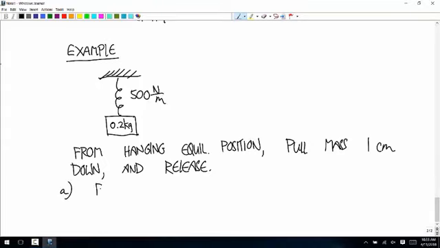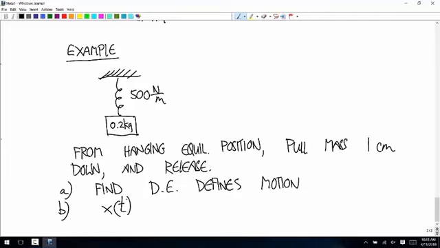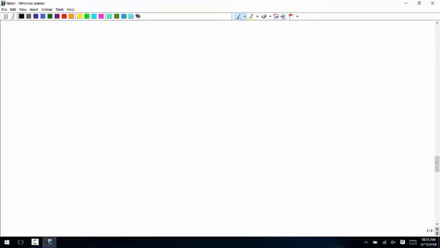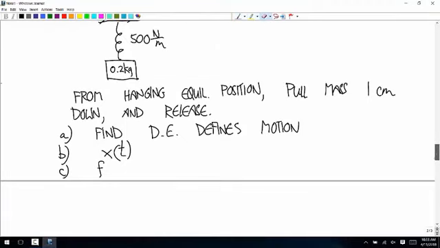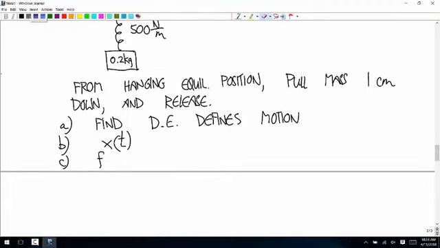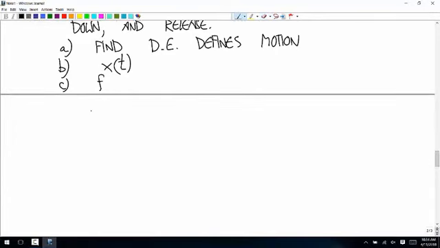And we want to find the differential equation that defines this motion. And we want to find the solution x of t. And then let's say we also want to find the frequency. That's actually probably easier than the other stuff. So the way we're going to do this is draw a free body diagram.